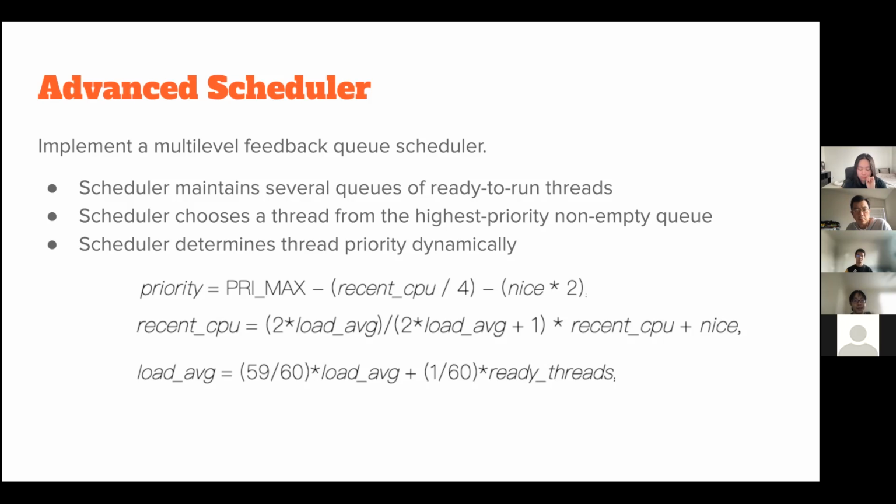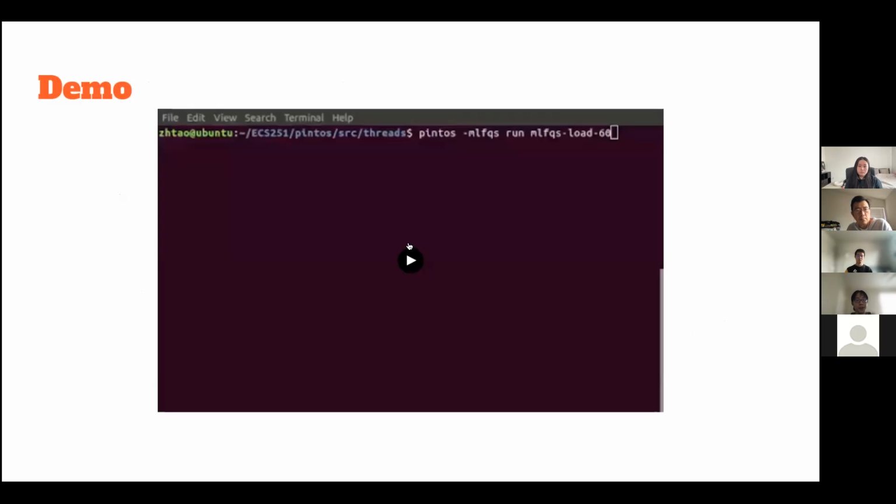The key strategy here is that if a thread takes too much time, which means its recent_cpu is very large, its priority will decrease. So here is our demo for updating the load average and recent CPU.